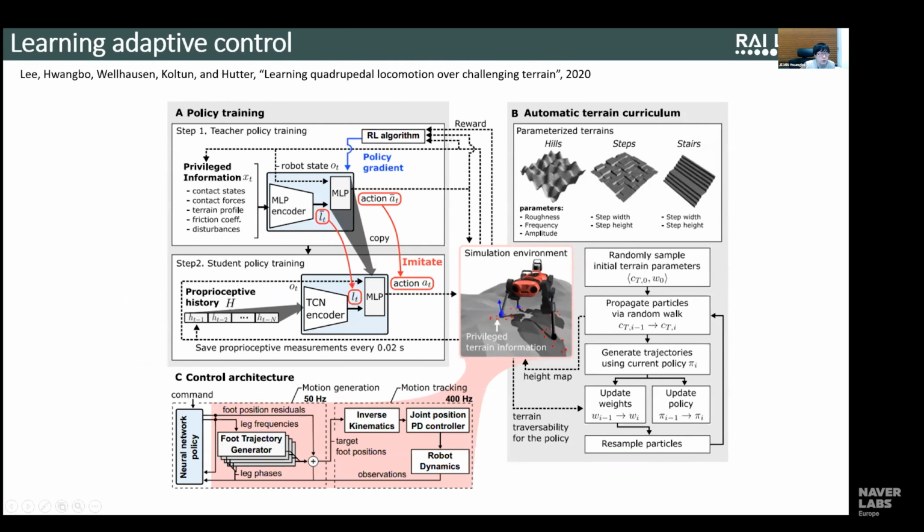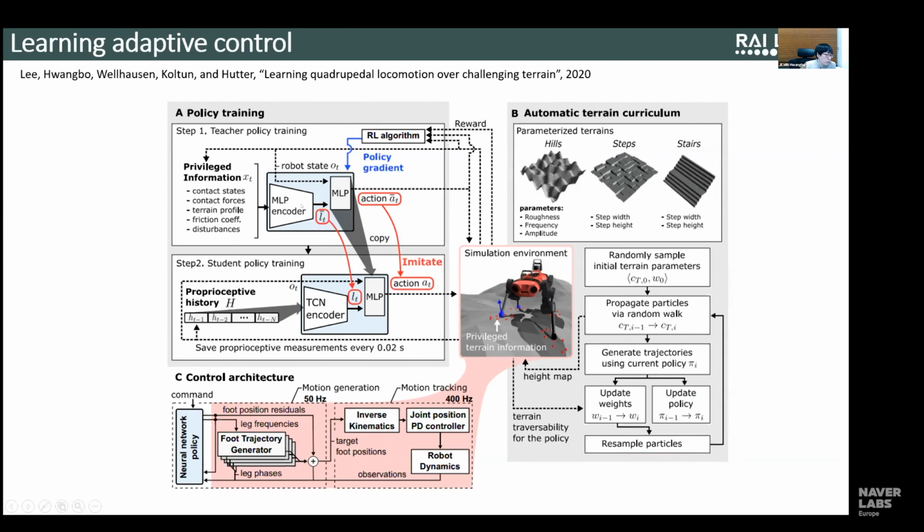This is information that you can obtain from simulation. You can get a bunch of properties of the terrain, such as contact states, contact forces, terrain profile, friction coefficient, and so on. You feed it to an MLP network, and you map it to a small latent vector.